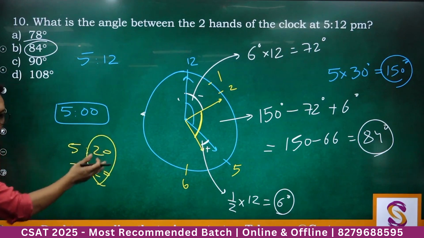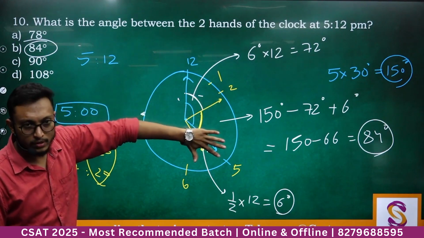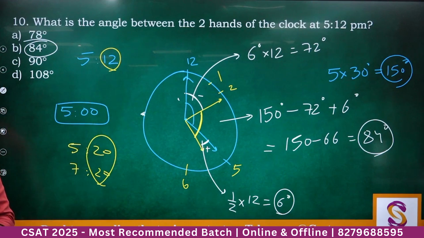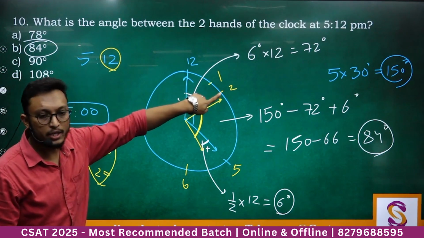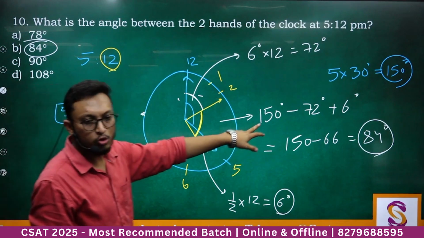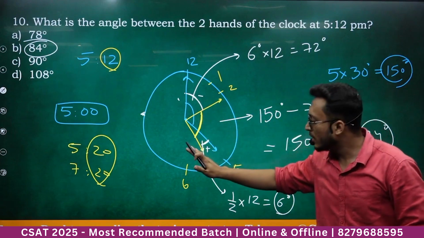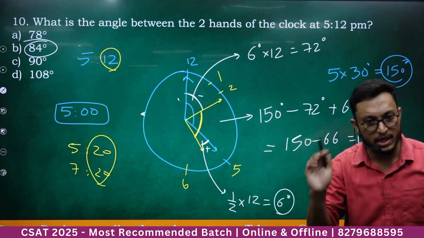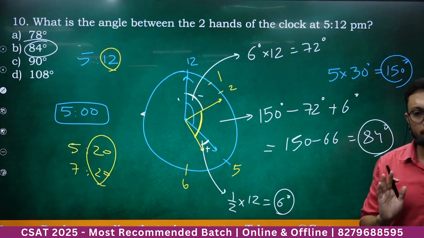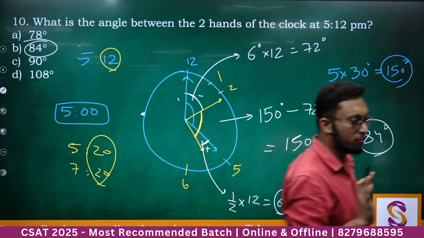So here the minute hand was exactly at this particular point, but now the data is like this. Minute hand is not exactly at any of these integer values. So now we have to take into account the rotation of both the hands. How much is the minute hand rotating, how much is the hour hand rotating, and in which direction they are rotating, whether they are increasing the angle or decreasing the angle. Understood? Should I explain again? I will explain again.